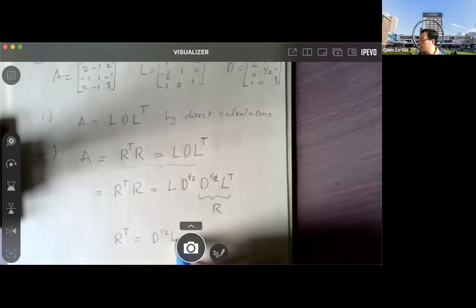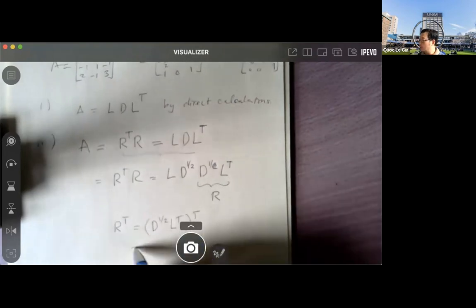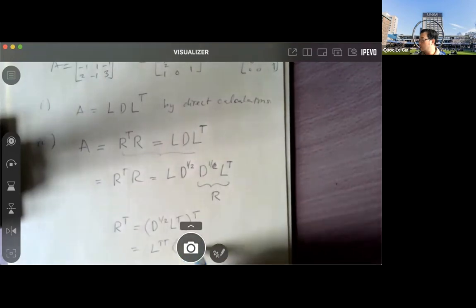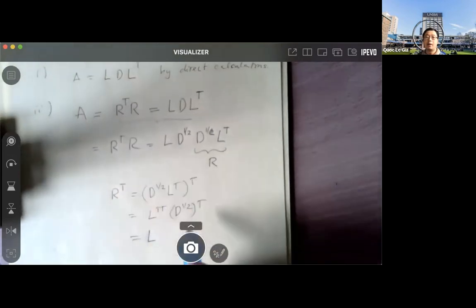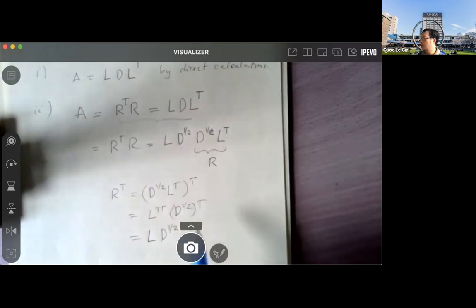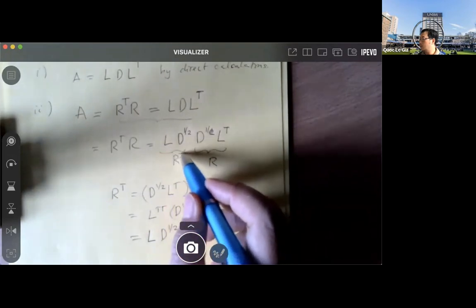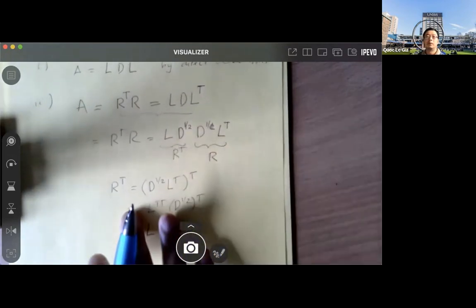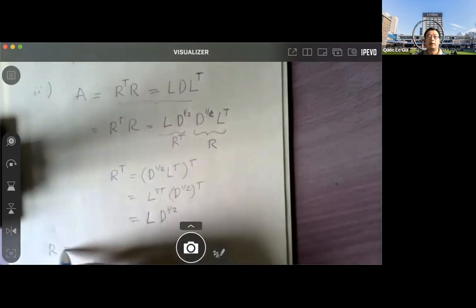This becomes L transpose to the 1/2 transpose, and you transpose twice, it becomes L again, and D is a diagonal matrix, so its transpose is still the same. So this one is exactly the matrix R transpose. It gives you a formula to compute the matrix R directly.